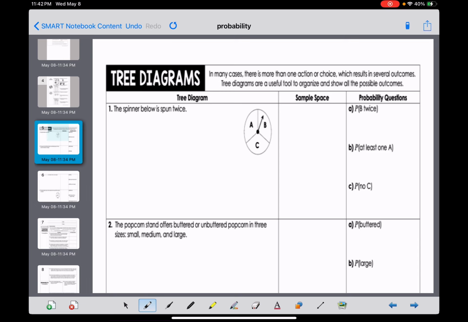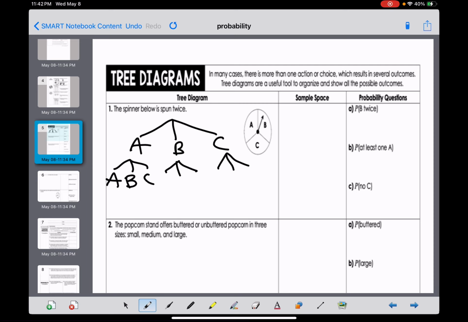The spinner below is spun twice. So you want to have your tree, right? The first time you spin it could be A, B, or C. After that, since it's a spinner, nothing changes here, okay? There's nothing that removes itself.